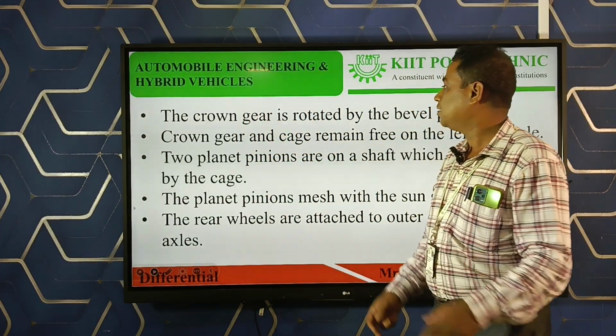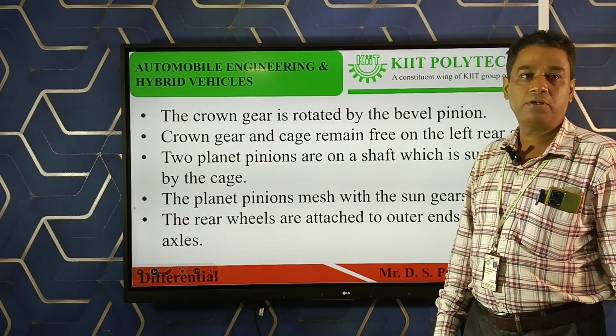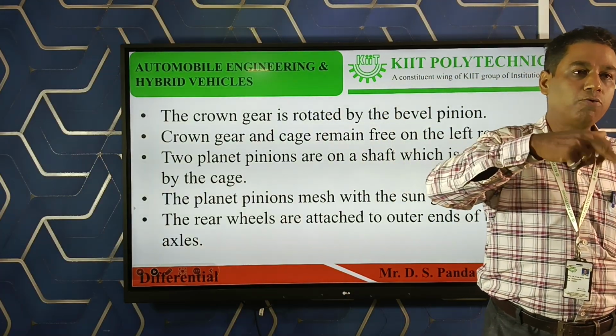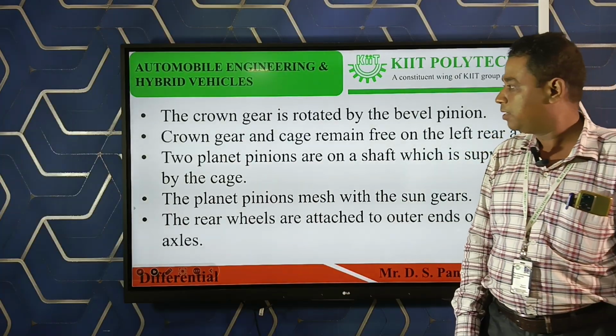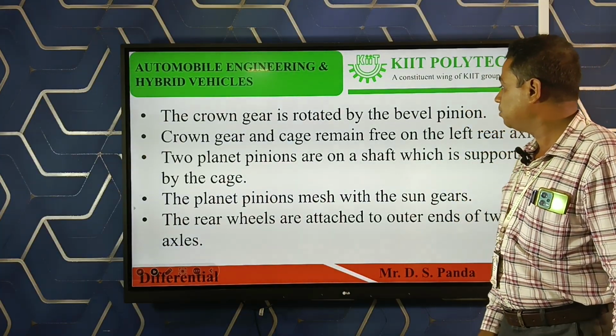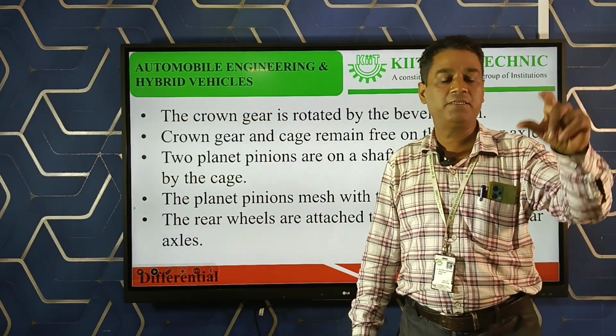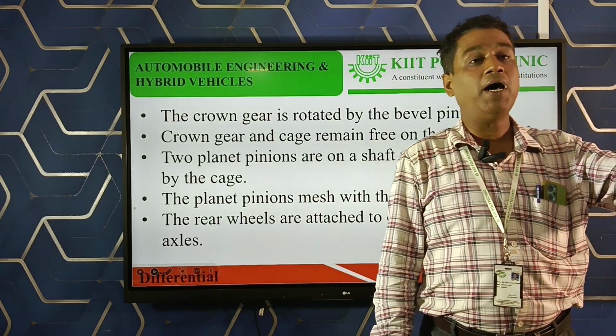The crown gear is rotated by the bevel pinion. The bevel pinion gives power to rotate the crown wheel. And the crown gear and cage remain free on the left rear axle. As I discussed, there is a bearing, so it is free from the axle.